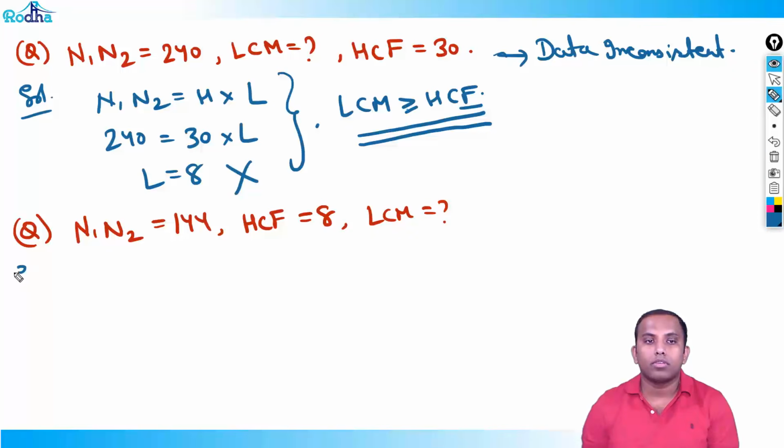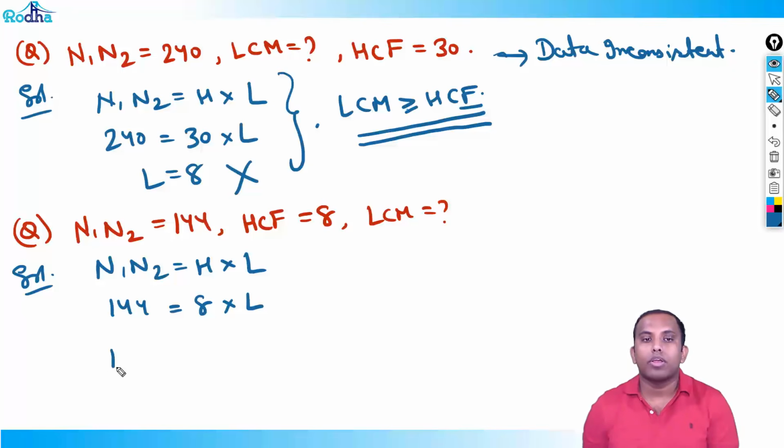Again, n1 into n2 is equal to HCF into LCM. n1 into n2 is 144, HCF is 8. What is the LCM? LCM is 144 by 8. What is 144 by 8? It is 18. So the LCM of two numbers is 18 and their HCF is 8.